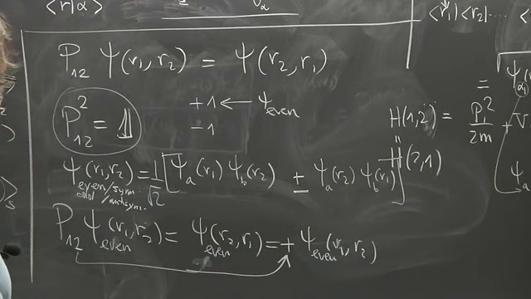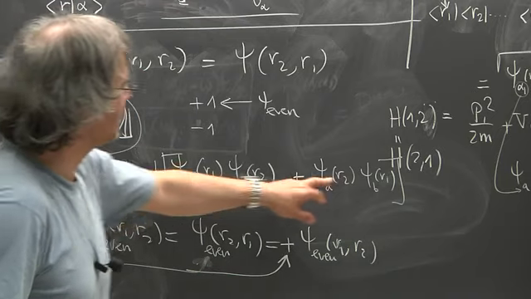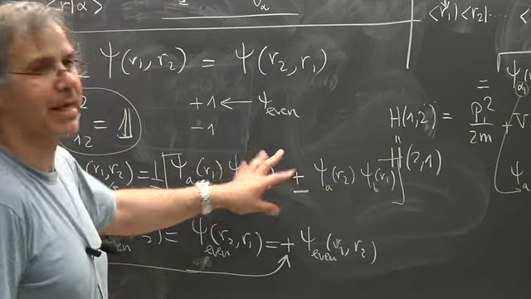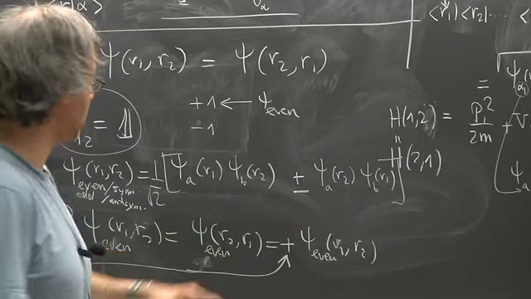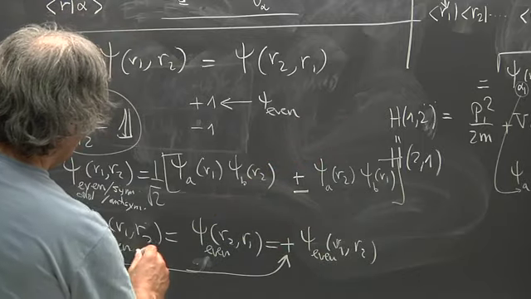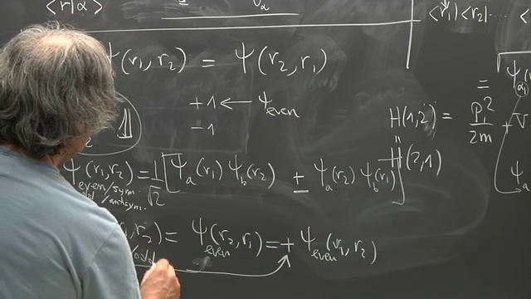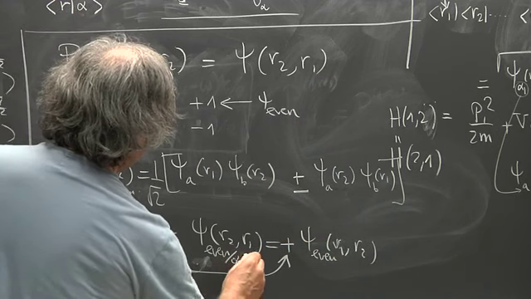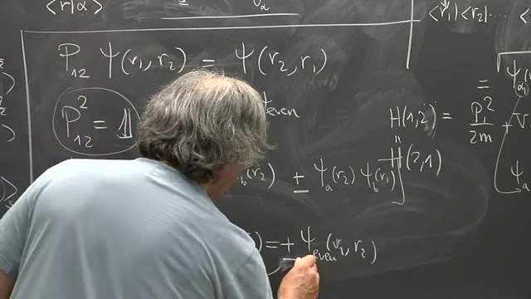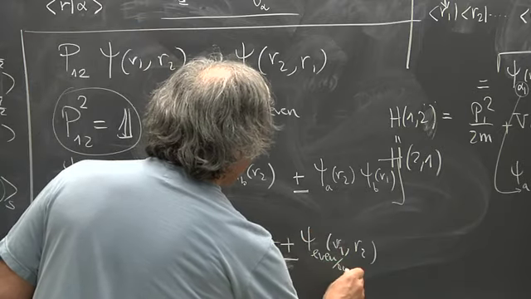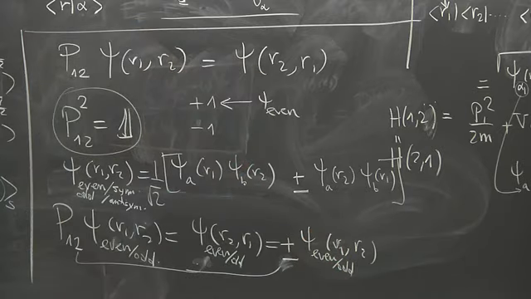When you exchange now, this thing becomes that, and this thing becomes that, but they have a minus sign difference, and therefore the odd case, which is still defined in the same way, however, acquires a minus sign here. Okay? So it is clear this is kind of guiding us.